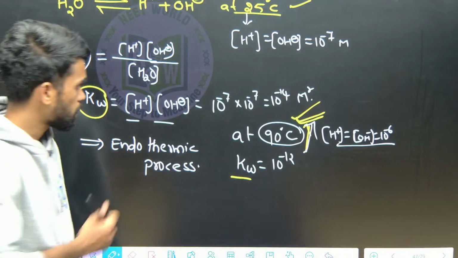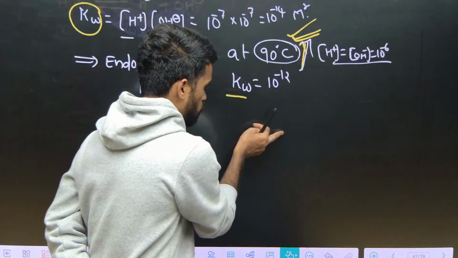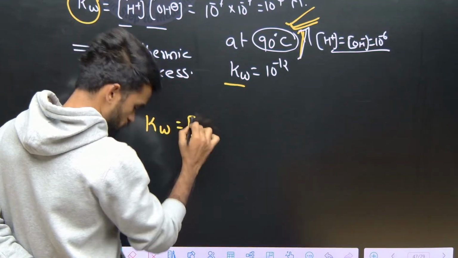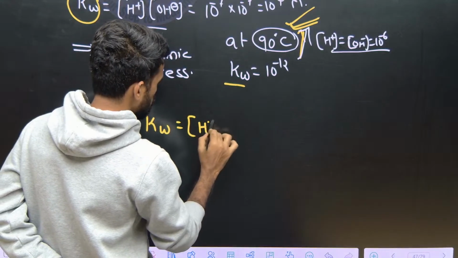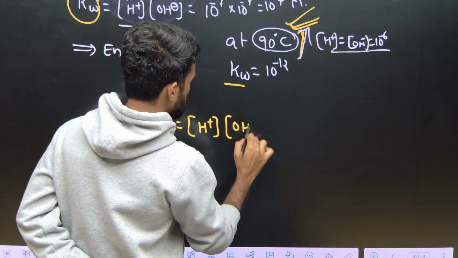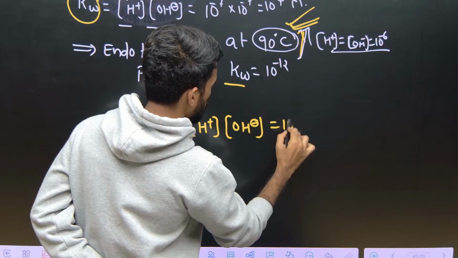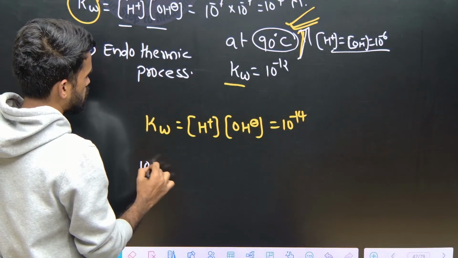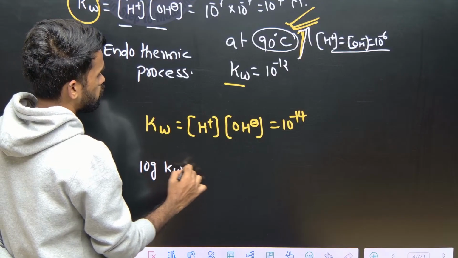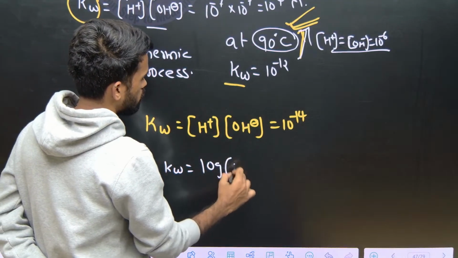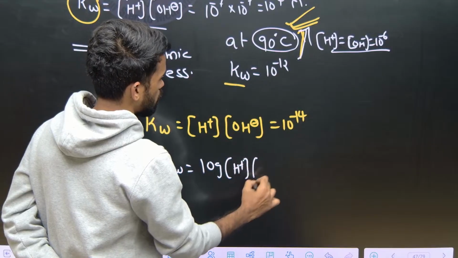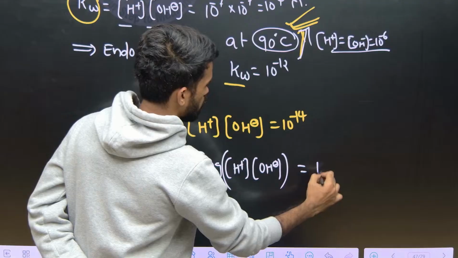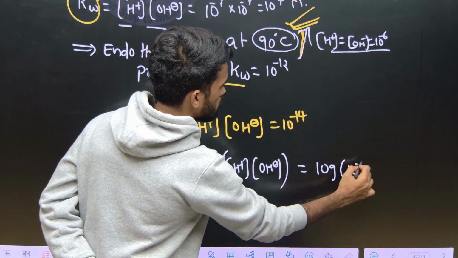Next, one more thing I told you: Kw is equal to the concentration of H plus times OH minus, which is equal to 10 power minus 14 right now. So now just apply log on all the sides: log Kw equals log of H plus plus log of OH minus, equals log of 10 power minus 14.